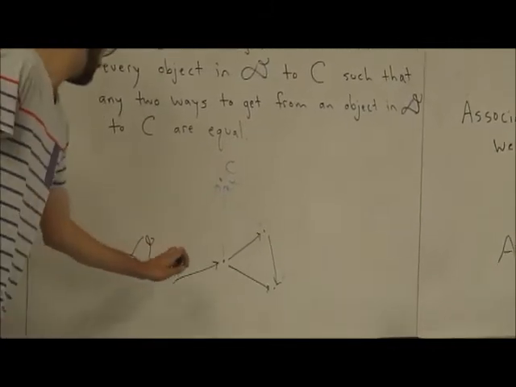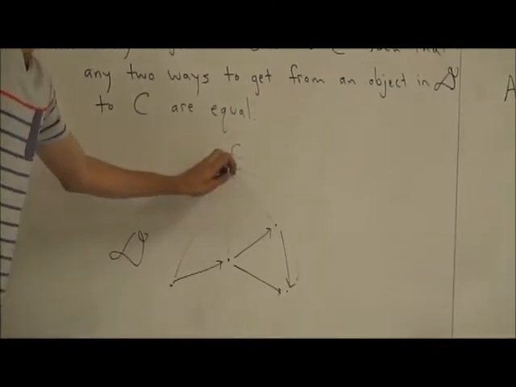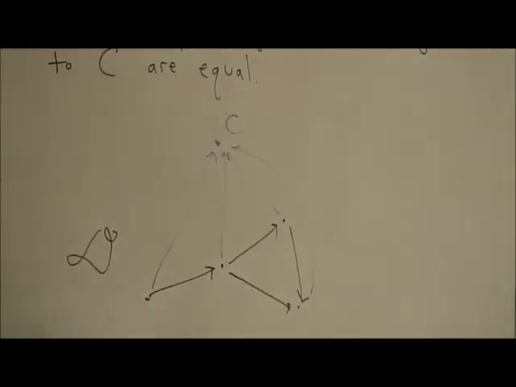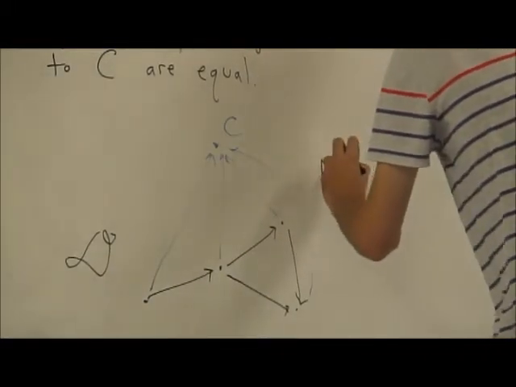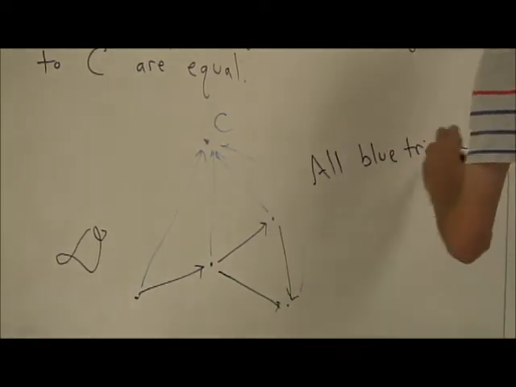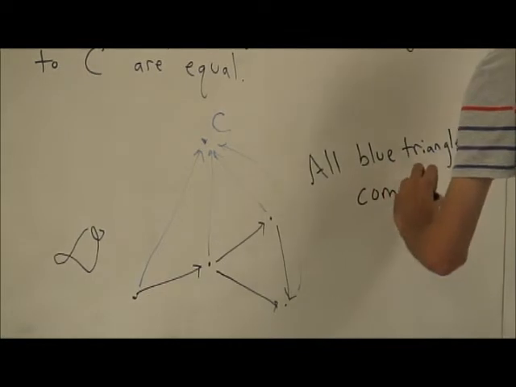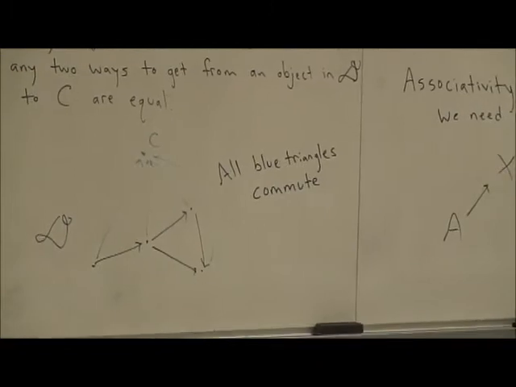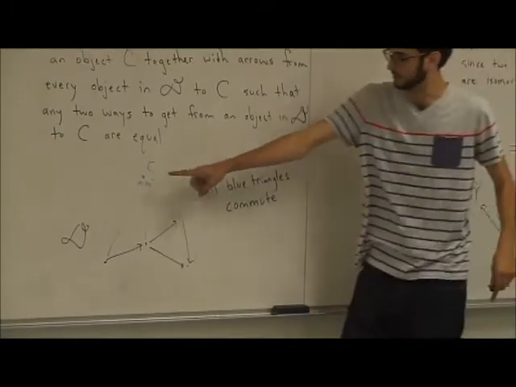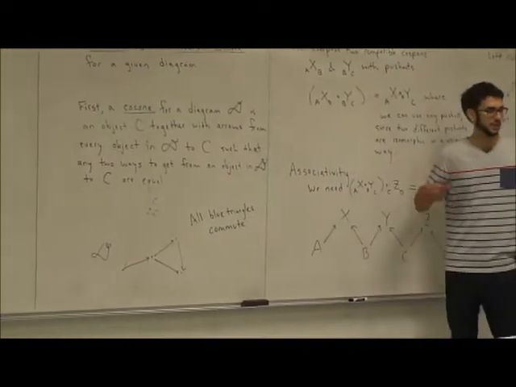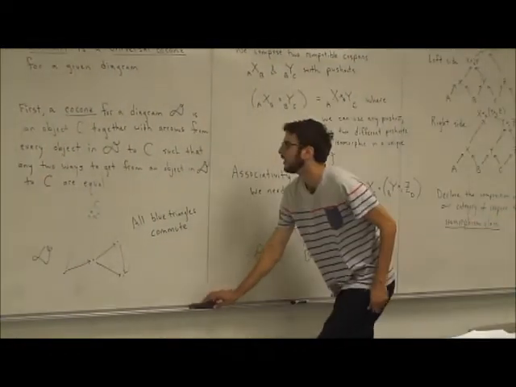So, for example, we could go from this object directly up to C here, or we could first go over to this object and then up to C. And that makes this triangle here, and that has to commute. So, all blue triangles. So that's what a cocone is. A cone is exactly the same thing, except the arrows go from the cone down to the diagram instead of the other way around. And again, it makes all the triangles commute.